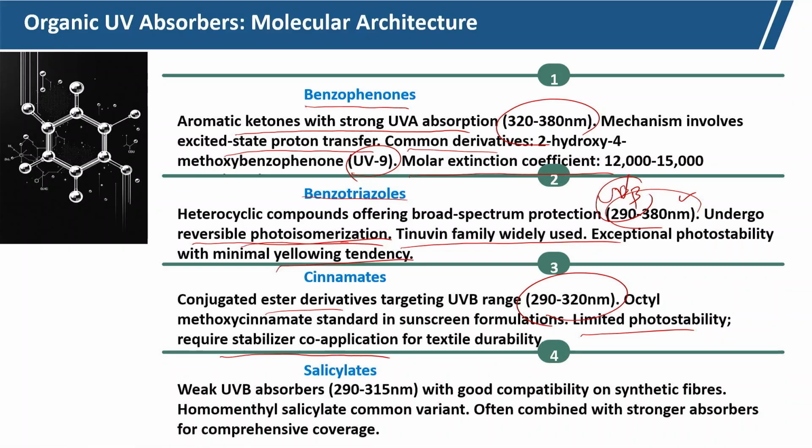Another is the salicylate, a weak UV absorber with the range of 290 to 315, with good compatibility with synthetic fibers, and it is often combined with strong absorbers for comprehensive coverage.